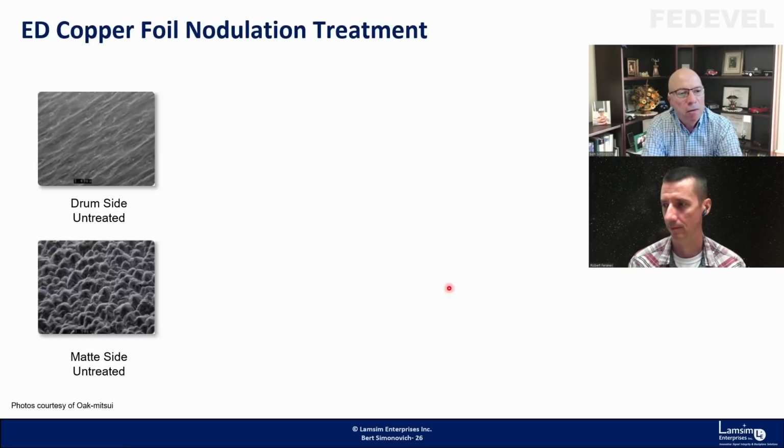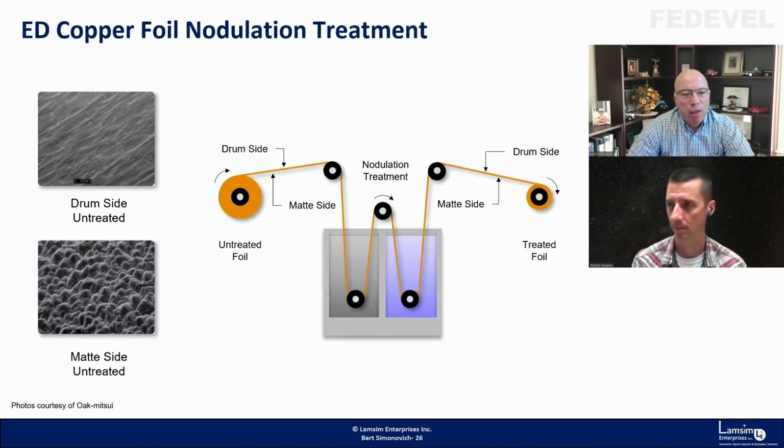So that shows what the foil looked like coming off the drum, each side. Here's another picture. The matte side is rougher than the smooth side. The drum side is the pattern of the drum itself, fairly smooth, with no ridges or anything. But they go through a nodule treatment process where they add tiny nodules onto the treated side of the foil.